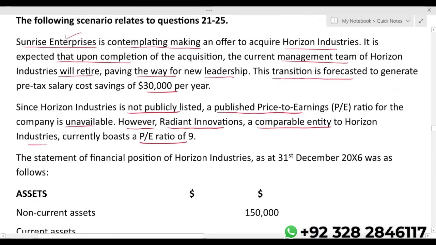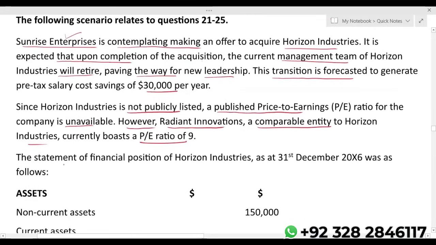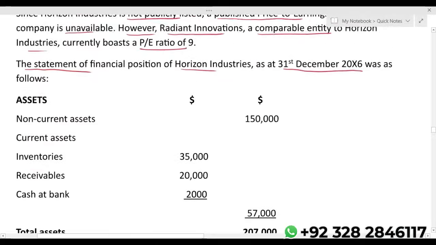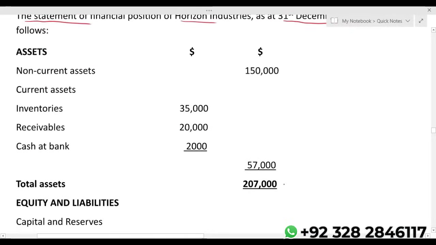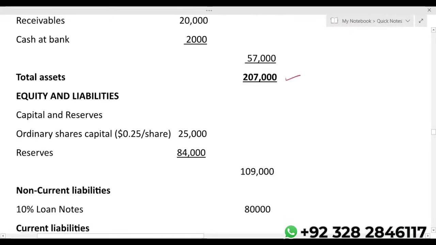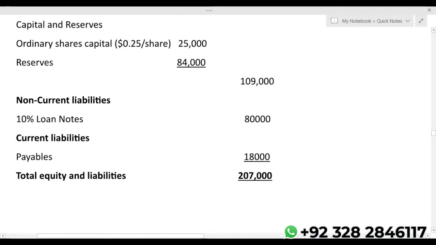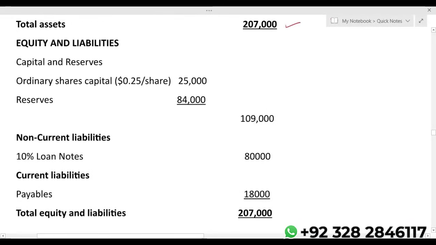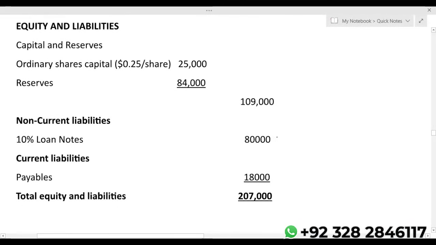But right now, we need the net realizable values of the net assets. The statement of financial position of Horizon Industries at 31st December X6 was as follows. We have total assets 207, non-current liabilities 80, current liabilities 18,000.